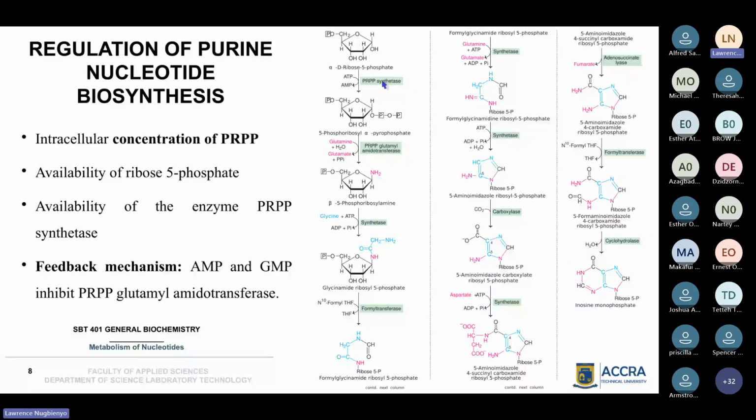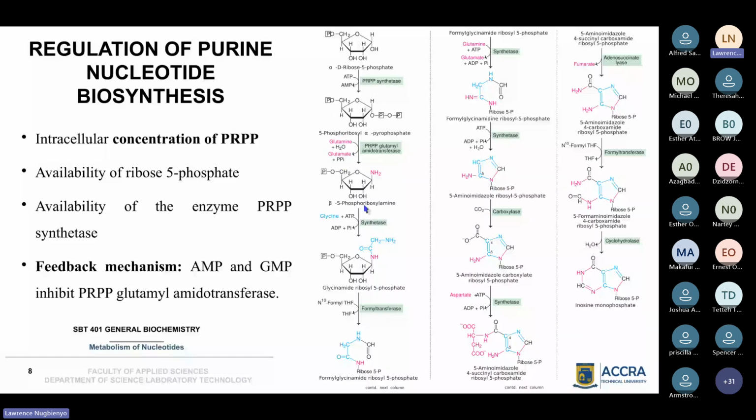Now, in the regulation of the synthesis of the purine nucleotides, we have the concentration of the phosphoribosyl pyrophosphate playing a critical role, so that we need enough of this phosphoribosyl pyrophosphate in order for the first committed reaction of glutamine coming in to now give us the phosphoribosylamine.